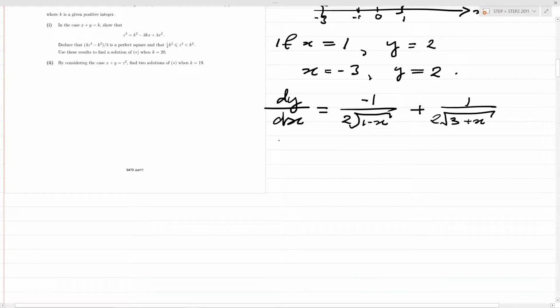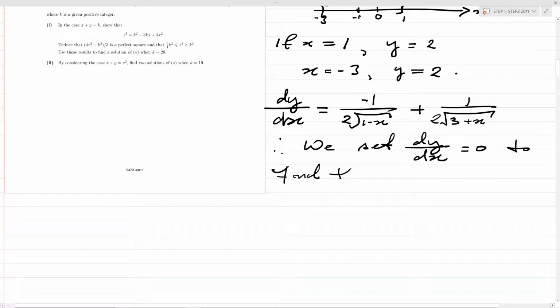Therefore we set the gradient equal to 0 to find the maximum y can achieve.